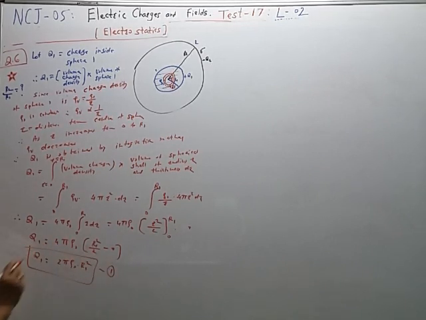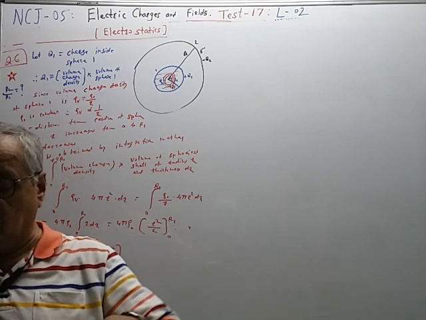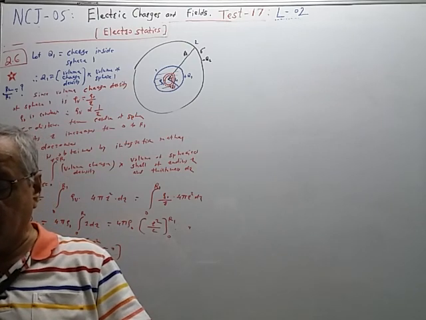This is equation 1. So the charge inside the sphere is 2 pi rho 0 r1 square.